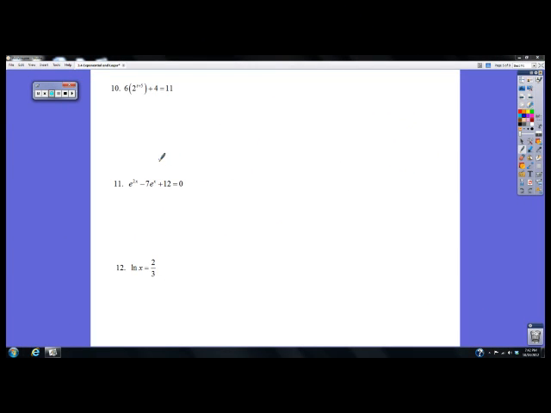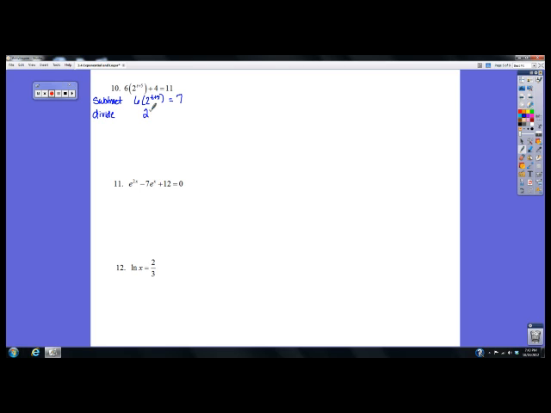Number 10 is another problem similar to what we just did. First step here would be to subtract 4, so I have 6 times 2 to the t plus 5 equals, subtract 4 from 11 and you get 7. Then I need to divide.